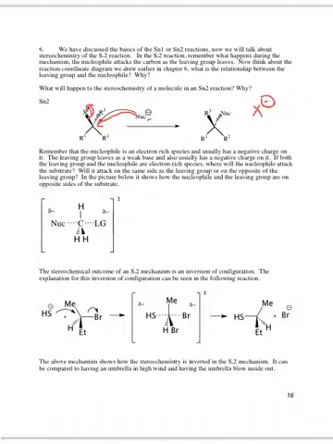So when we draw the transition state, if it's on methane and we have 3 hydrogens, the nucleophile in the transition state has a partial negative because it's coming in with a negative charge, and the leaving group is leaving with a negative, so in the transition state it has a partial negative.